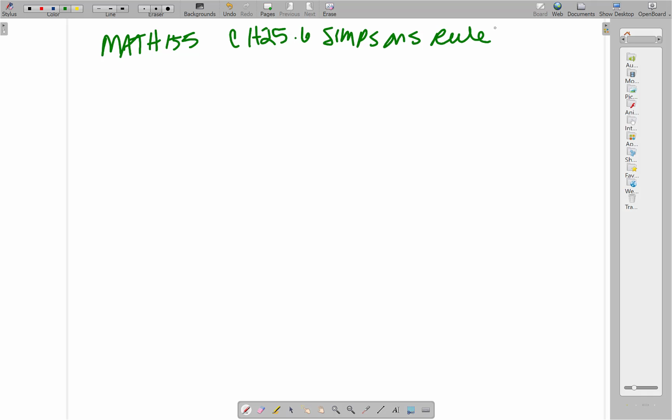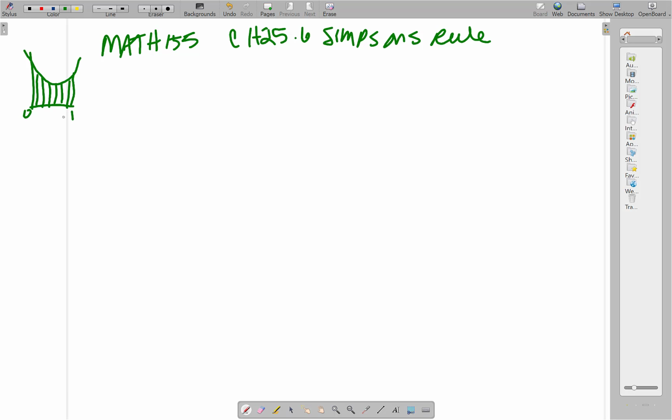A long time ago when we started integration, we talked about limits, and we looked at rectangles under a curve, and we noted that the smaller the intervals got, the better our approximation was for an area from, say, 0 to 1.